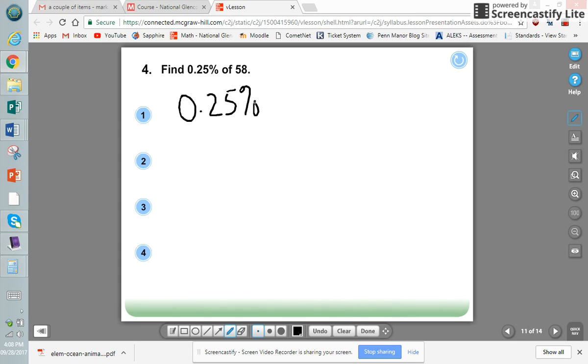Rewrite the problem. The of, I'm going to substitute a multiplication symbol, times 58. All right, the symbol here says, does not play well with others. Please change me to a decimal. Decimal's over here. Percent's way to the right, which means I've got to bounce that way.